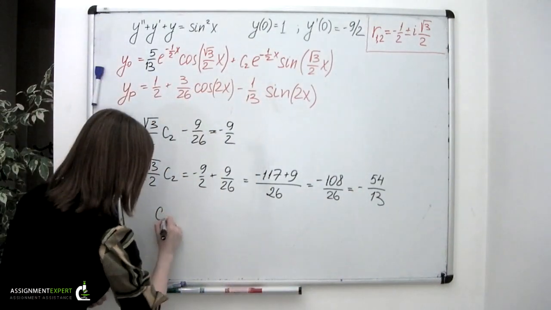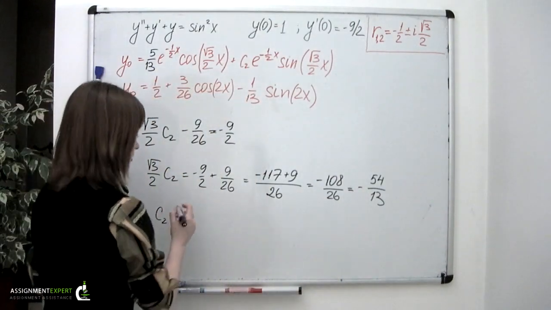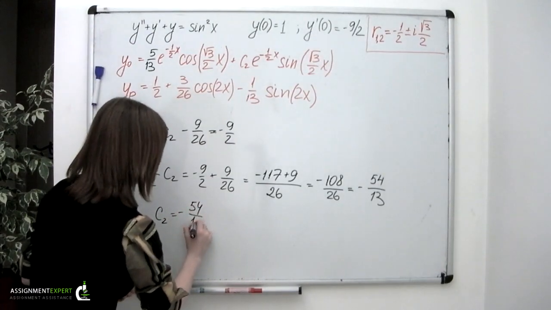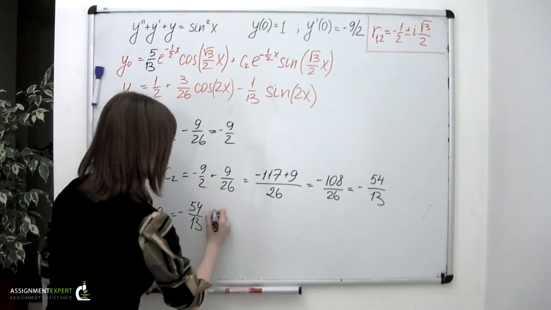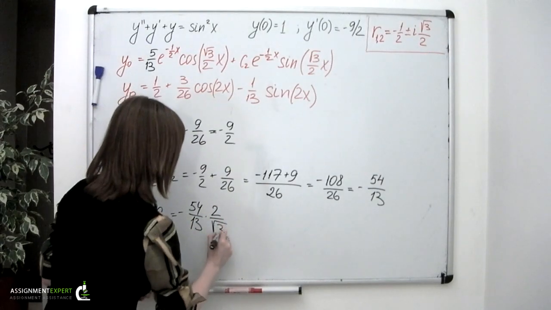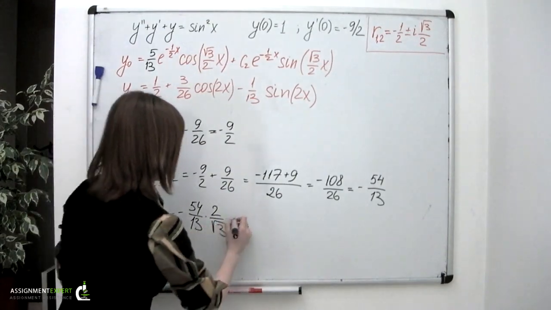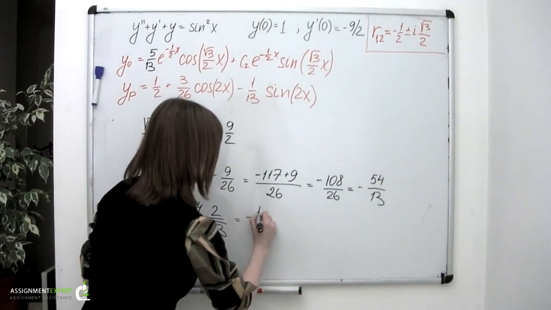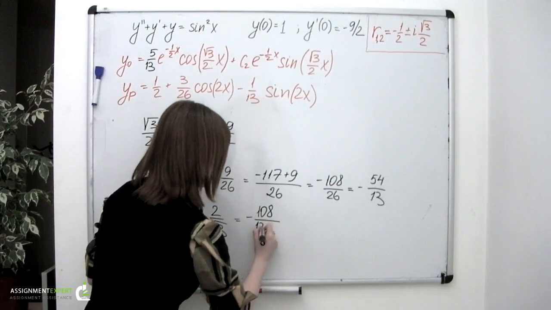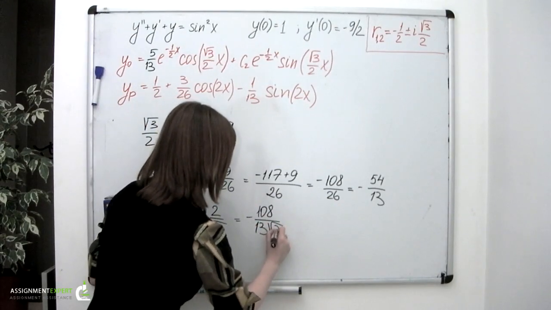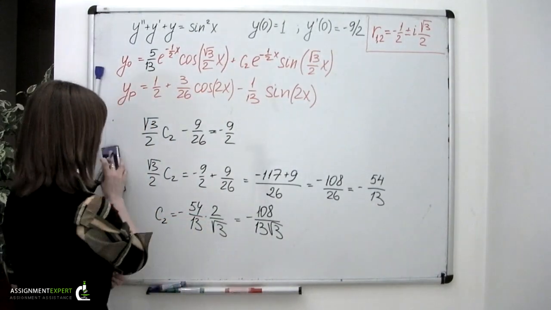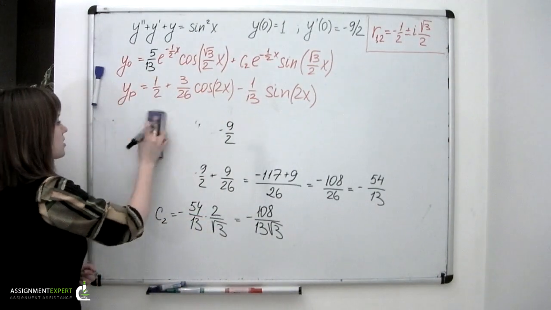Okay, and C2 constant is equal to negative 54 over 13 times 2 divided by square root of 3, which is equal to negative 108 over 13 times the square root of 3. So this is the constant.